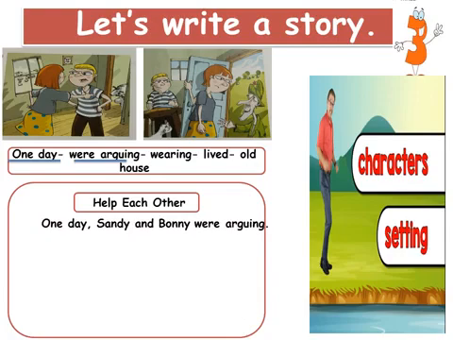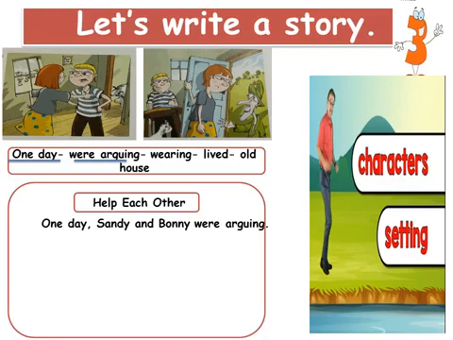I didn't write helping words that will help us to speak about the characters because we already know how to write about the characters. So, for example, if I want to say that Sandy is or was naughty, I will go to spelling vocabulary list 1 and I will study how can I write the word naughty, and then I will write it here and I will put the sentence as follows.